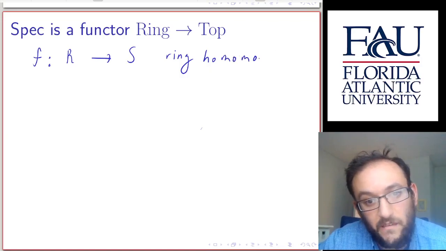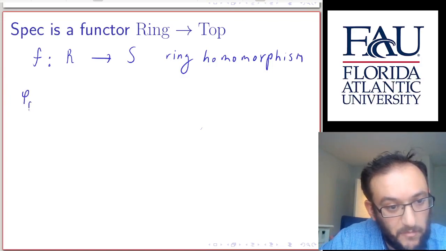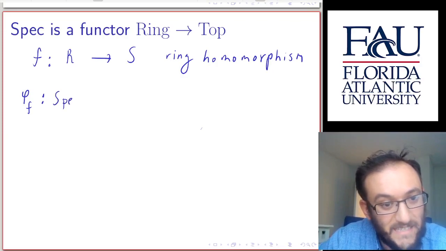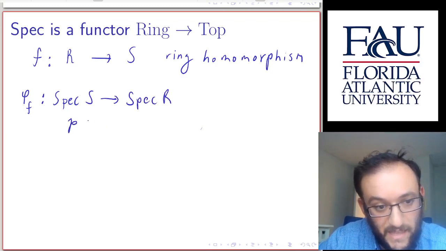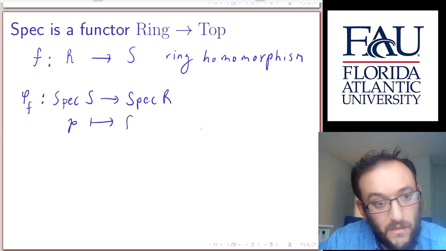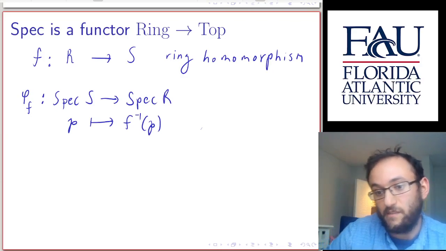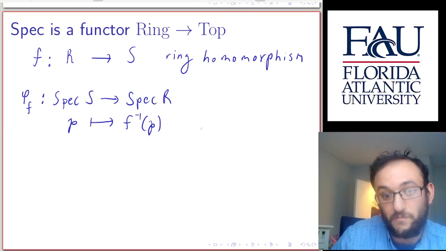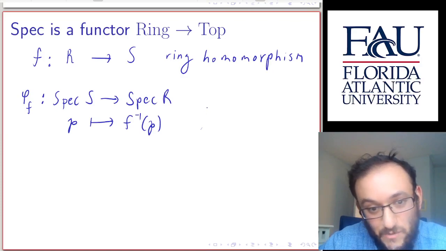When we apply Spec, we get a map which we'll call phi F from Spec S to Spec R, which takes any prime P in S and maps it to the preimage under F of P. The reason this works, obviously, is because the preimage of a prime ideal under a ring homomorphism is always prime. And so we want to claim that this is a continuous map.